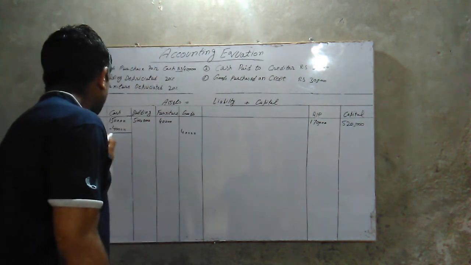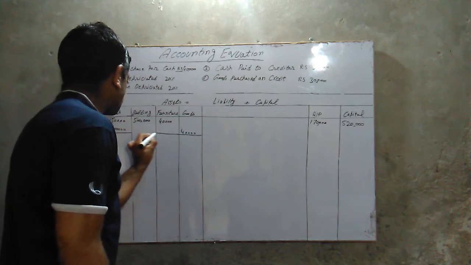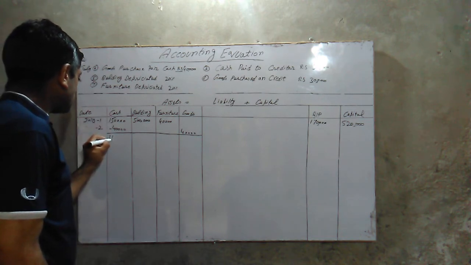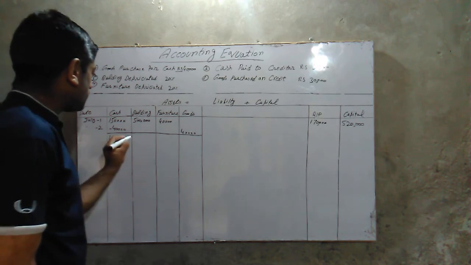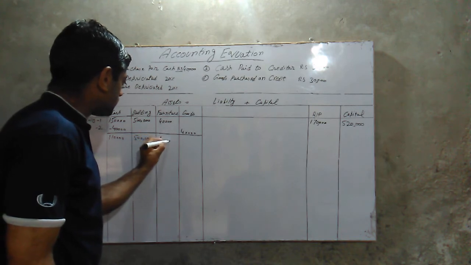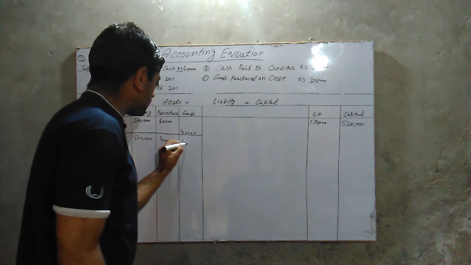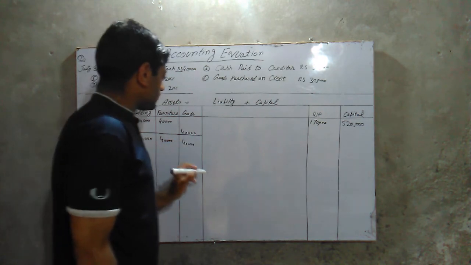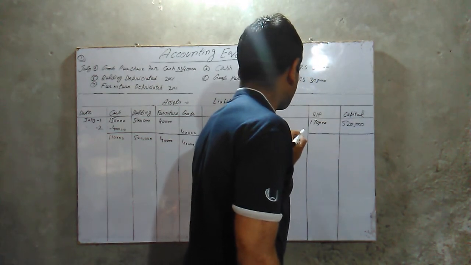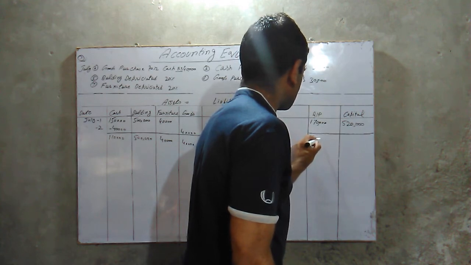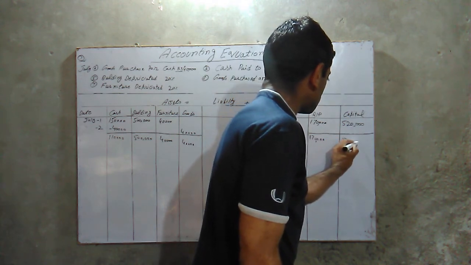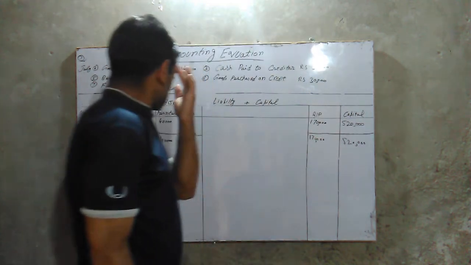So it's 1,40,000, 50,000 remain 1,10,000, 5,40,000 and 40,000, and also 5,20,000.